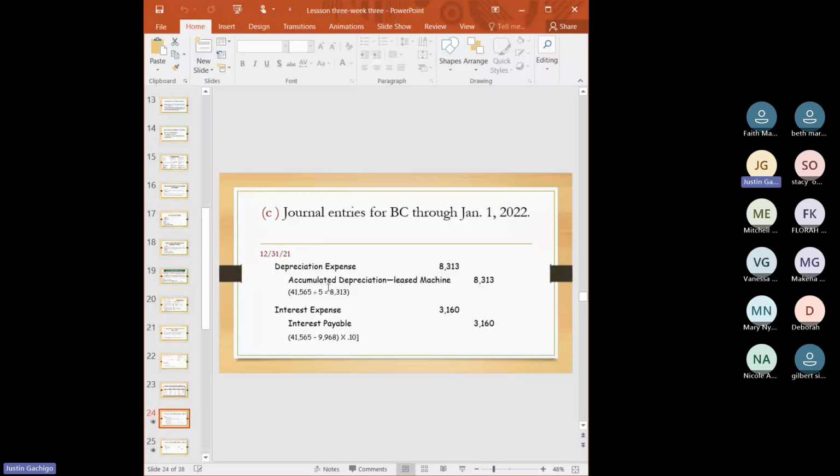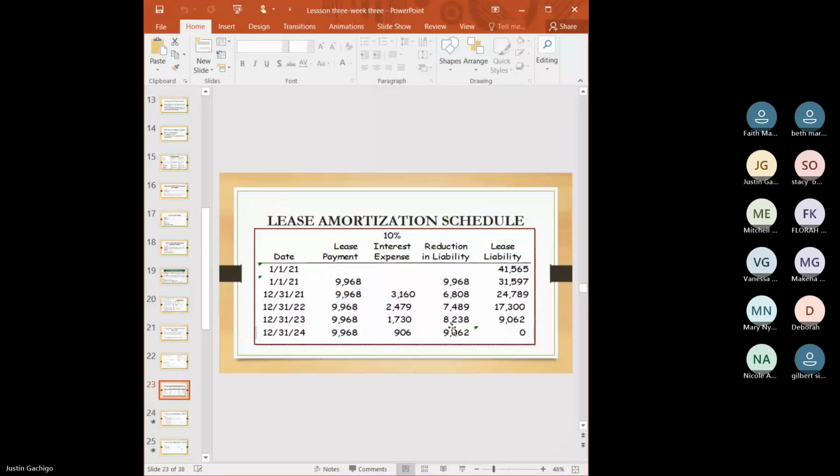Then you credit the accumulated depreciation with the same amount. Then interest expense, again, you get it by getting the present value of the payment minus the first payment, then multiplied by 10%. Again, you debit interest expense, then you credit the lease liability. And everything you see here is on this schedule here.